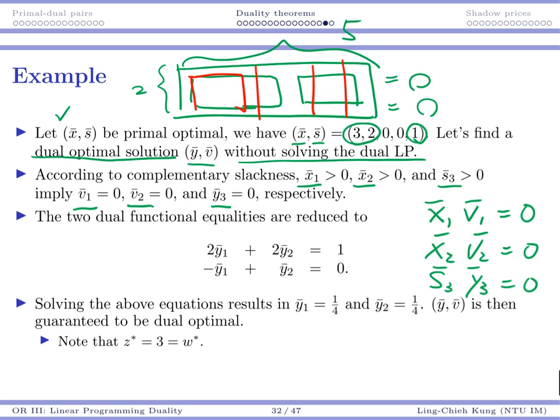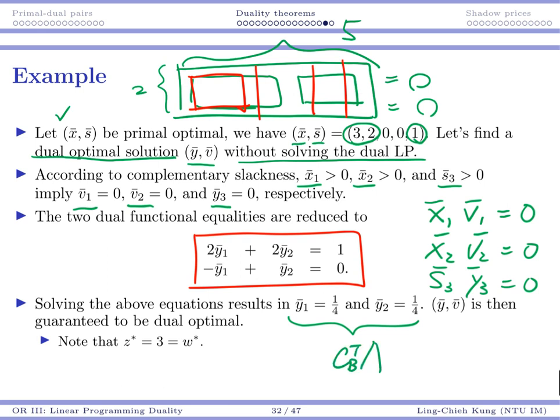Okay? We will only have a 2 by 2 linear system, which is here. Alright? And once we solve that 2 by 2 linear system, we get this one. Your y bar 1 and y bar 2 must be 1/4, which is exactly what you may obtain from CB transpose AB inverse. Alright? So this again confirms the fact that this is optimal. And we may again see that their objective values are identical.